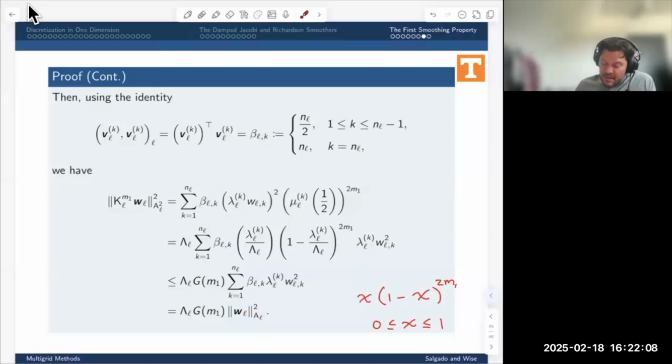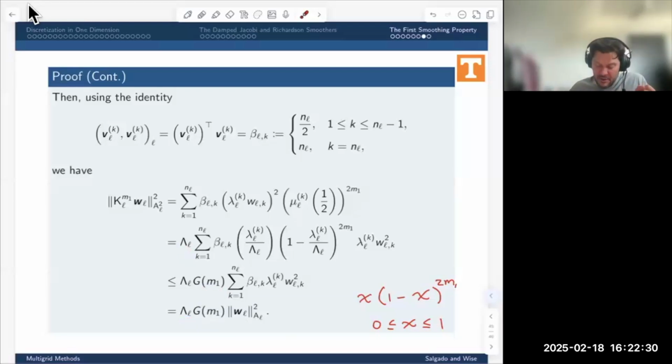It's just going to be the norm of WL in the AL norm, or the energy norm, of WL squared. And then of course that bound that we're going to mention in a moment. And then this guy was already out front, and that's independent of K. That's the spectral radius.